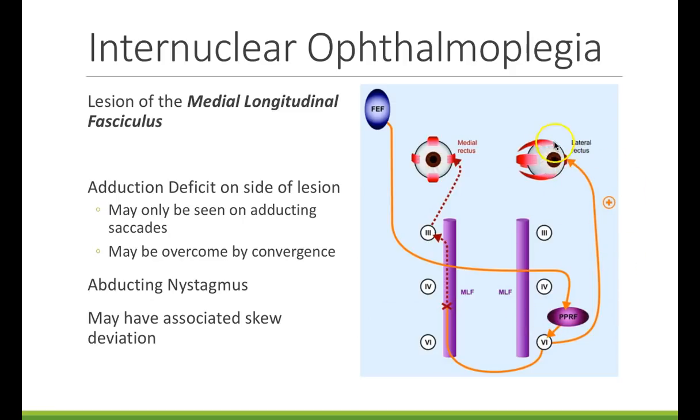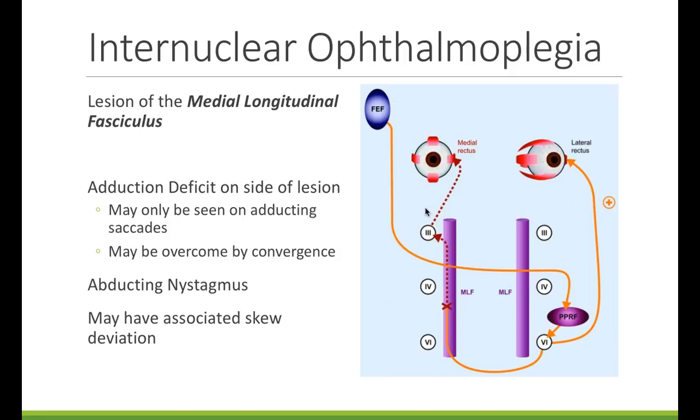And so if the patient is trying to look over to their left, the eye that abducts will be fine. However, the information that has to go to the contralateral side, to the medial rectus, has to cross midline and ascend via the MLF. If there is a lesion in the MLF, then the third nucleus never receives the information to adduct, and there is no adduction.